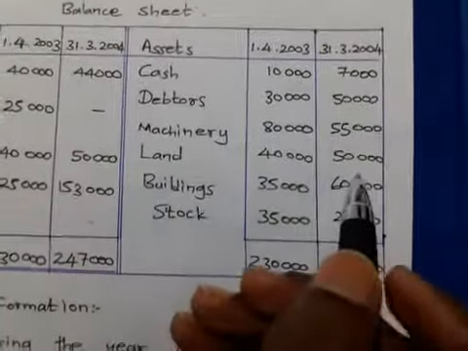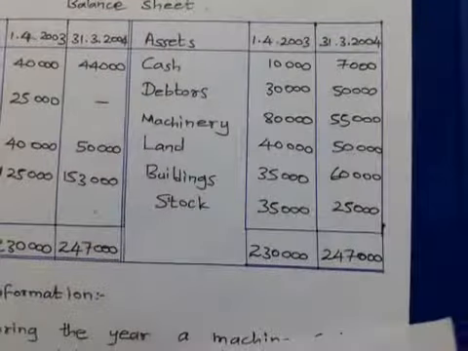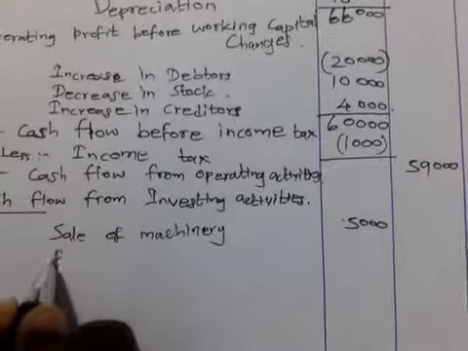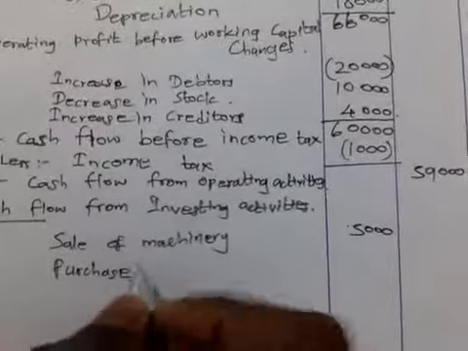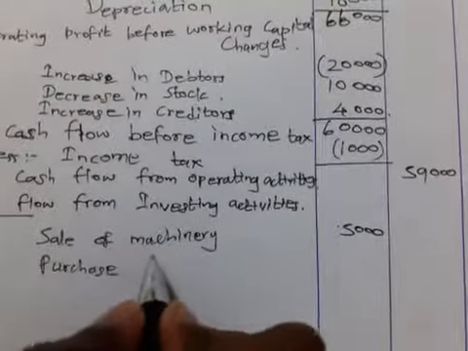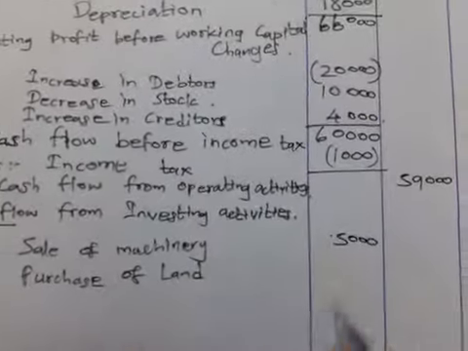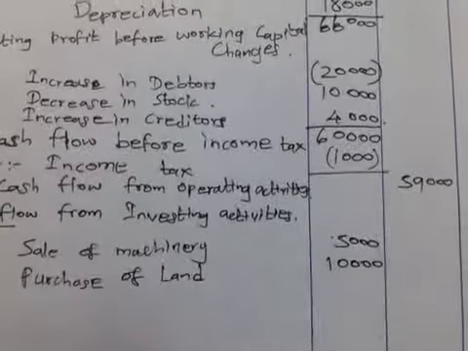So we have to deduct this land purchase amount of 10,000 because cash is outflowing.